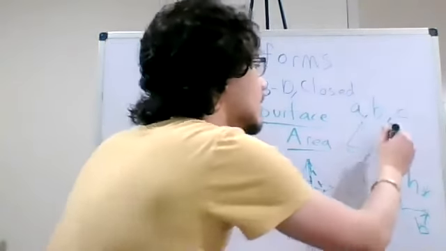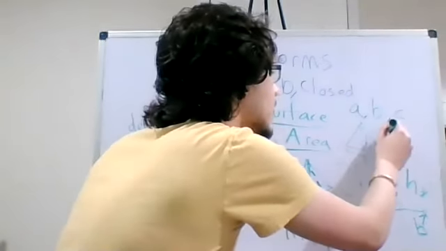And this equation is A squared plus B squared equals C squared.